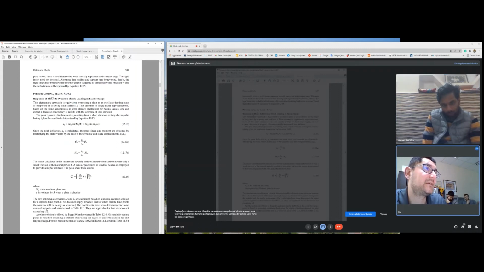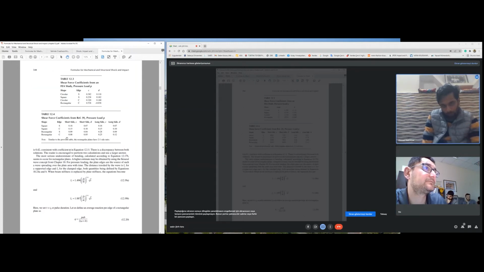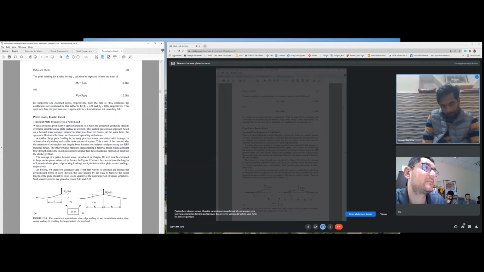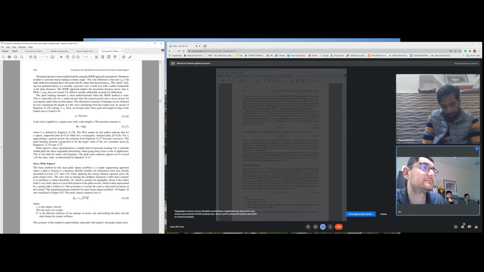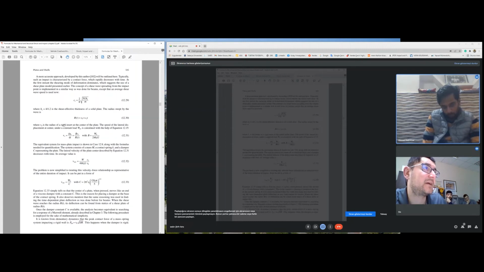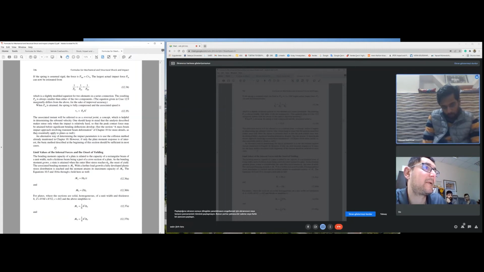Shear plate. Look at here. This one is talking about elastic range. Transient, it means it is dependent on time. Mass plate impact forces. And the yielding is started. Internal forces and yielding started. You can look at here also.